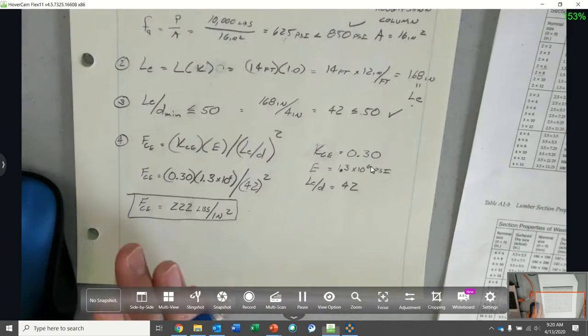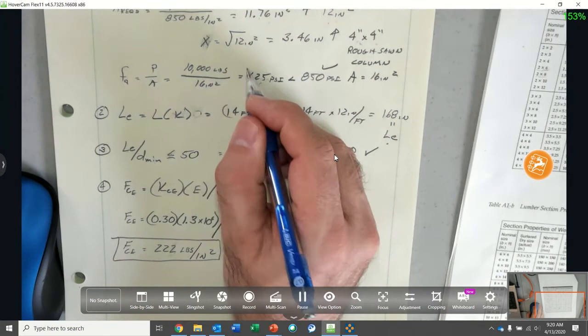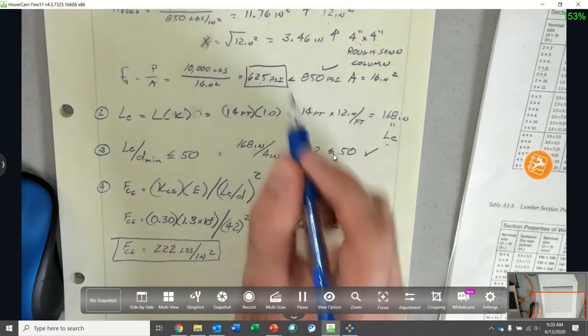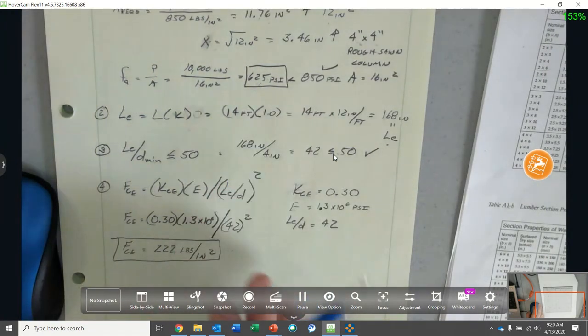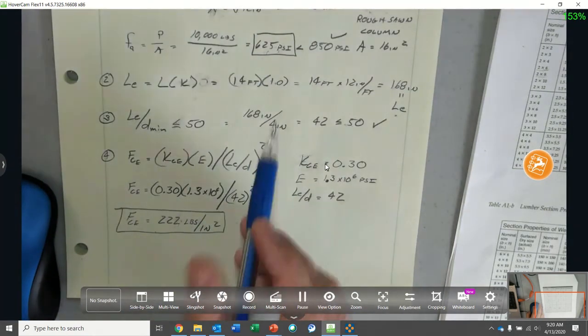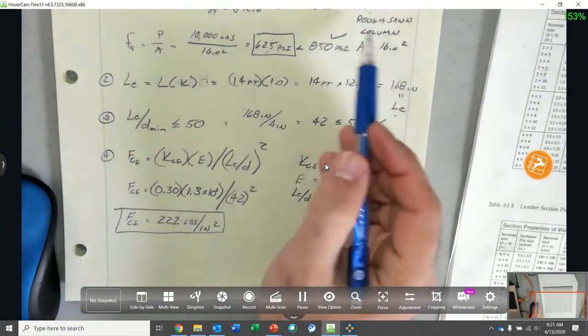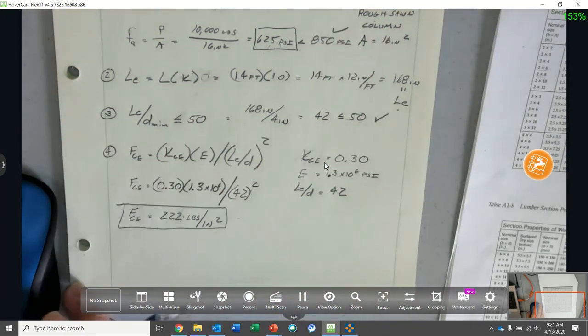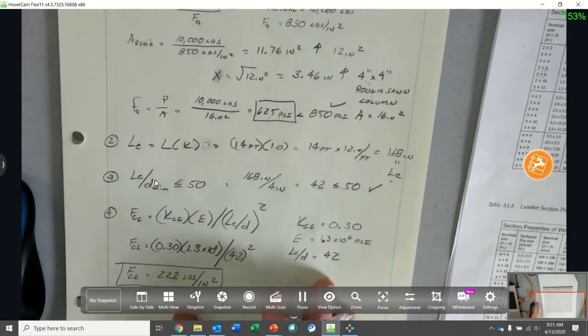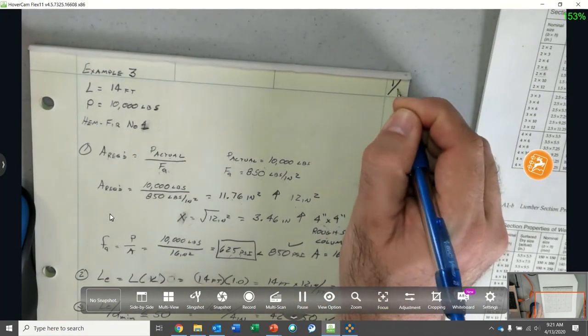If I go back to this number, this is our actual stress right here. Because this is greater than this, I have a feeling we're going to have to make this bigger, okay? So this is page 1 of 2.